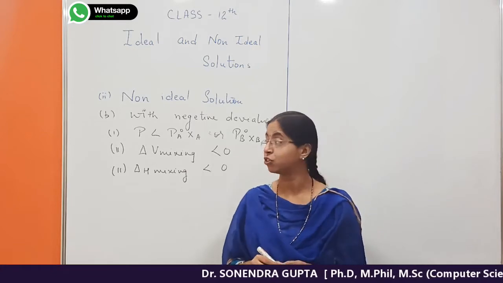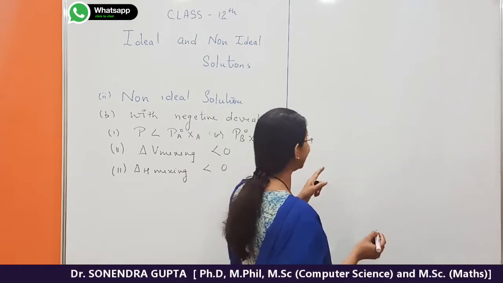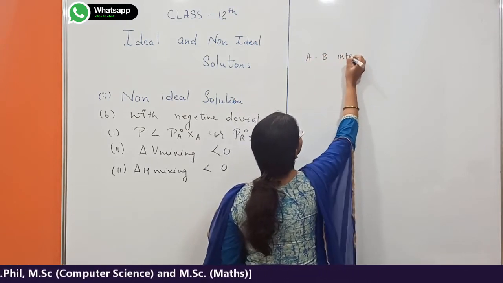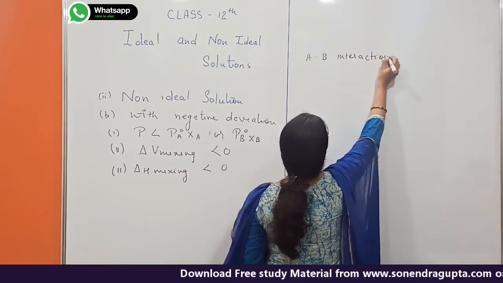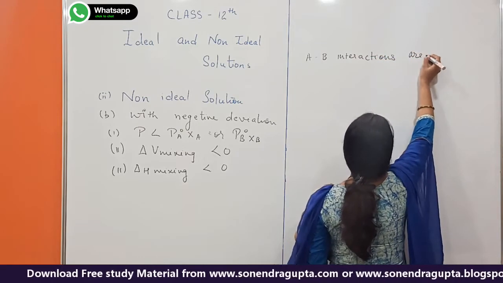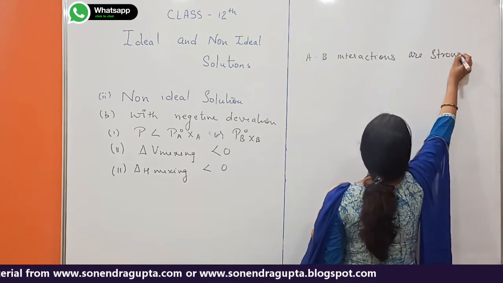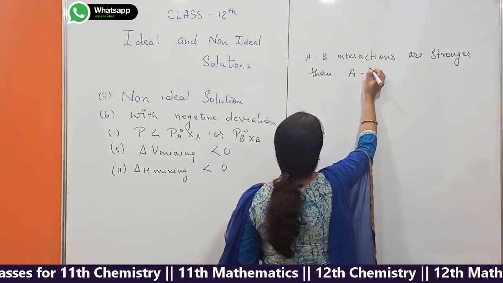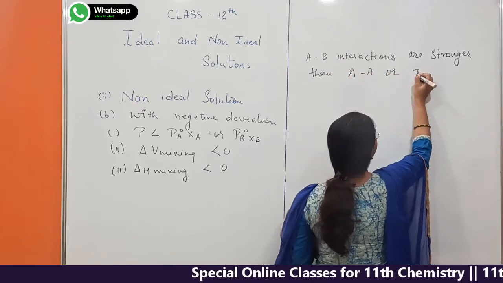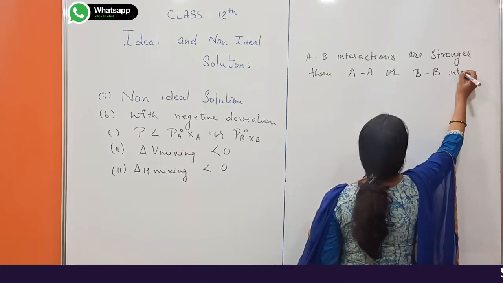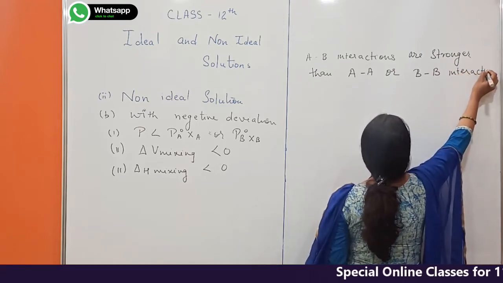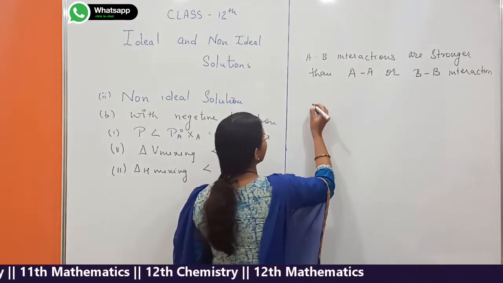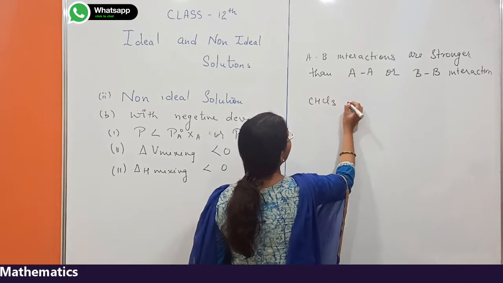So I am going to give you the reason behind that: here the AB interactions are stronger than AA or BB interactions. For this, we have an example: chloroform and acetone.